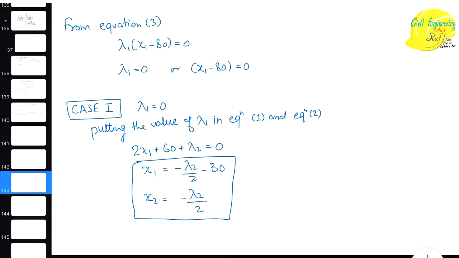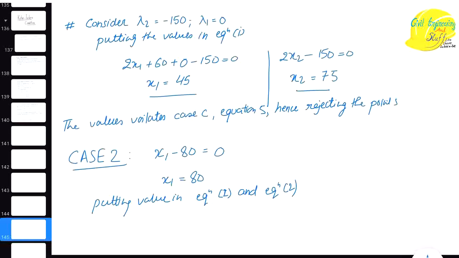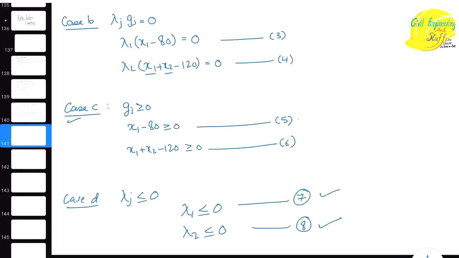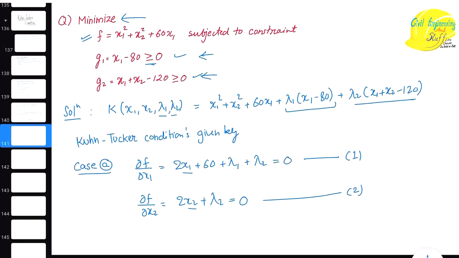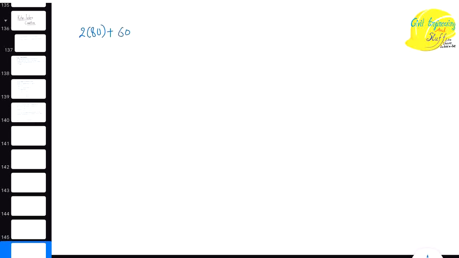So put in equation 1 and equation 2, so we will have the equation is 2x1, so 2 into 80, 2 into x1, that is 80, right, plus 60 plus lambda1 plus lambda2 equal to 0.